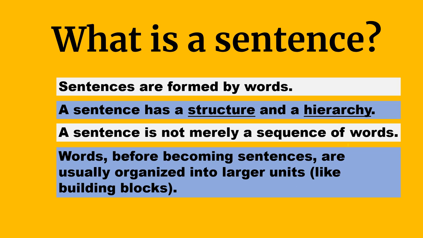Next, words before becoming sentences are usually organized into larger units like building blocks. Actually, words sometimes before becoming part of the sentence, they are organized into larger units, and then it's only those units that become part of the sentence.